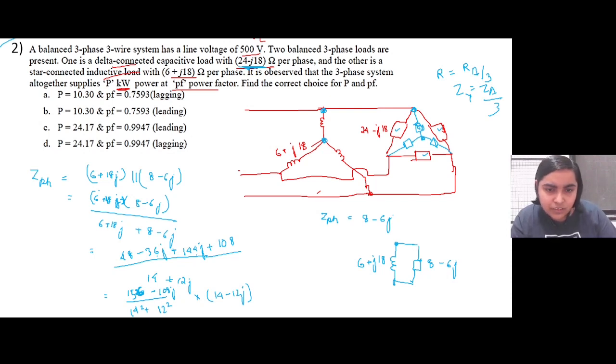The real part is 10.235, and the imaginary part is 108 into 12 plus 156 into 14, divided by 12 square plus 14 square.